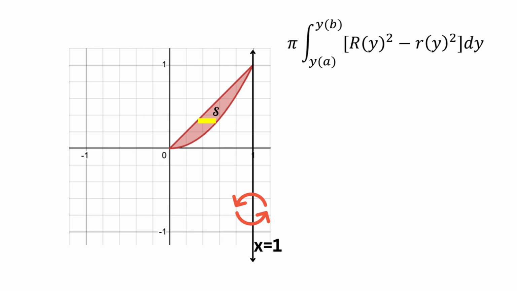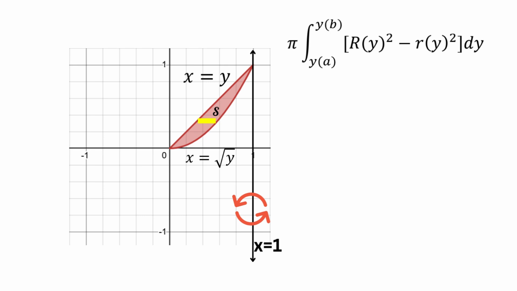To make things easier, instead of using function format, I wrote y equals the functions and solved for their inverse. The inverse of y equals x is easy, it's just x equals y. And the inverse of y equals x squared would be x equals root y, if x is greater than 0.